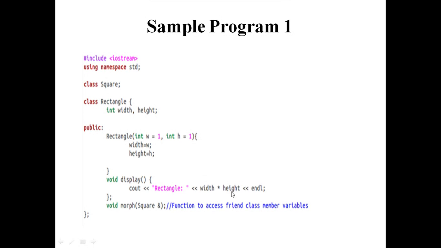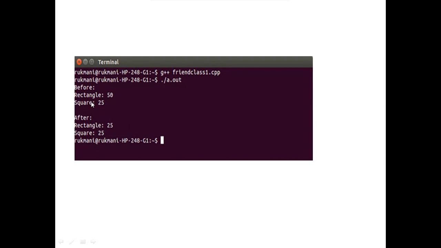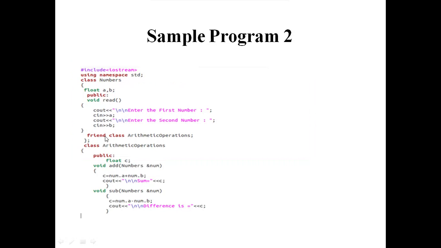It is not a mere display, but it calculates the product of the width and the height and then displays. Before calling, you will see the rectangle's dimensions are 10 and 5, so the area is 50, whereas the square area is 25. After calling the morph function, you can see that the area of both the rectangle and square becomes 25.